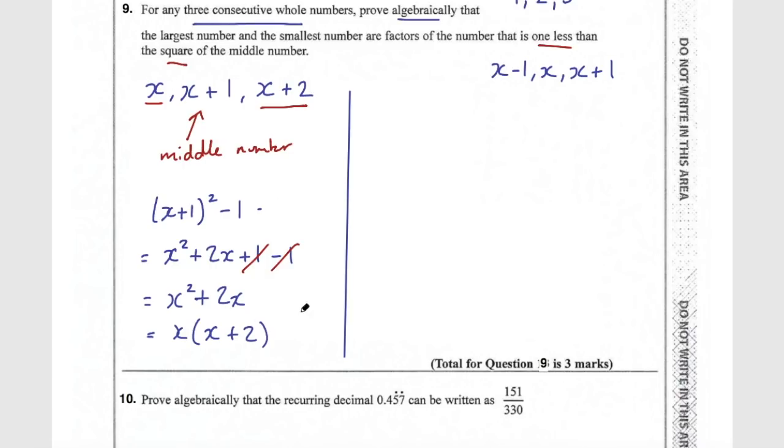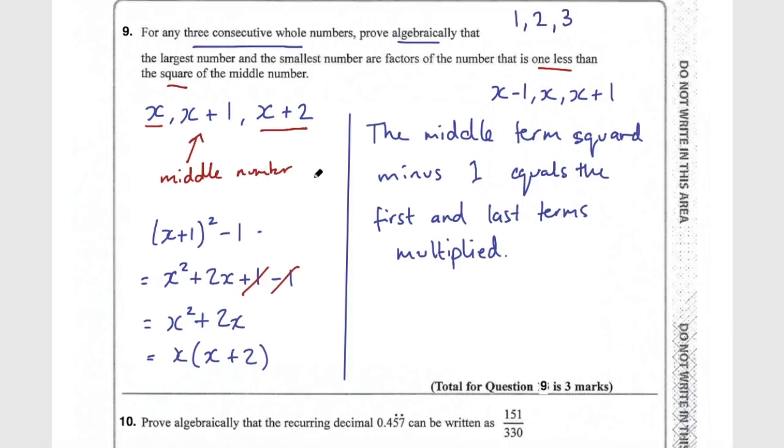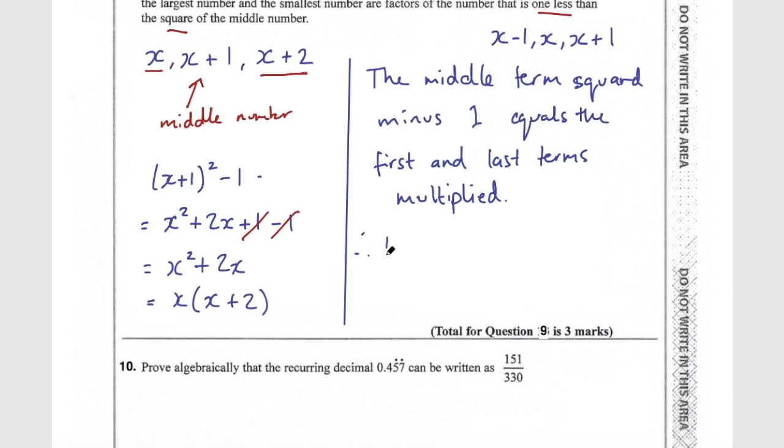I'm basically multiplying them together. So I could say something like the middle term squared minus 1 equals the first and last terms multiplied. And in that case, therefore, they must be factors.